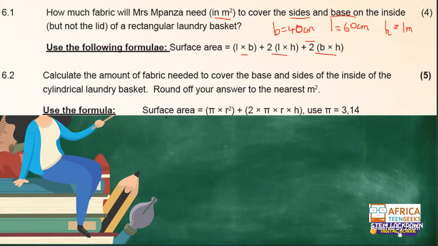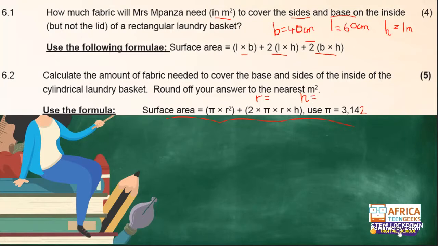There's your formula. All you need to do is know what your r is, right? Your pi is given as 3.142. And then your height, right? You must first know these values.